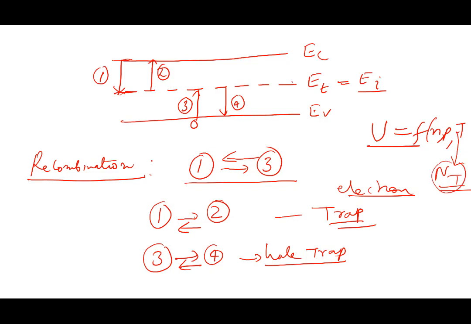But there's something else. Now what we need to do is go back and look at these processes in a little more detail. What do I mean by capture? How do I characterize capture? So let's look at this particular process here. There is a defect level here, and EC.